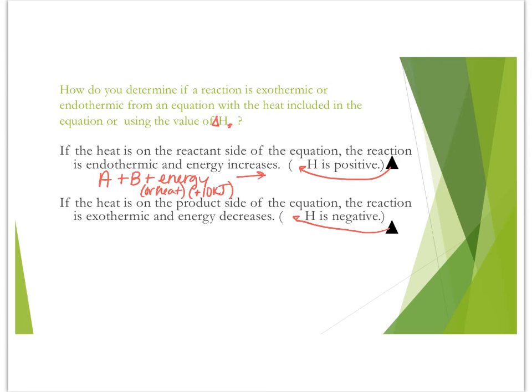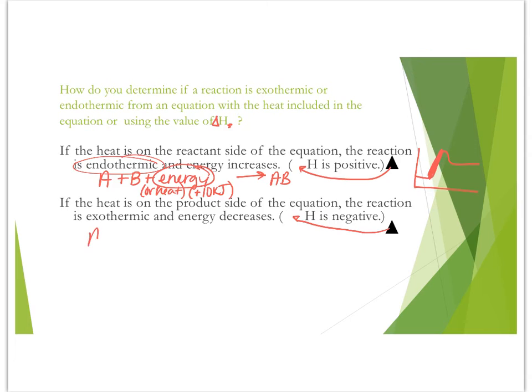If it's on the left-hand side of our arrow, it's showing it's going into the reaction. It's an endothermic reaction, and the delta H would have a positive value. So that's what it looks like if energy's on the left. Look, there's more energy on the left of this graph than there is on the right-hand side.